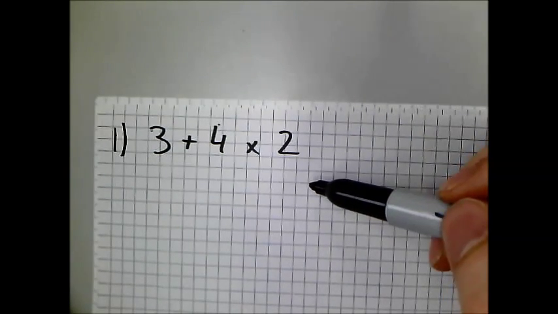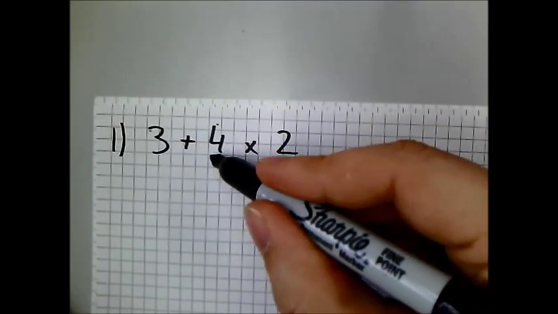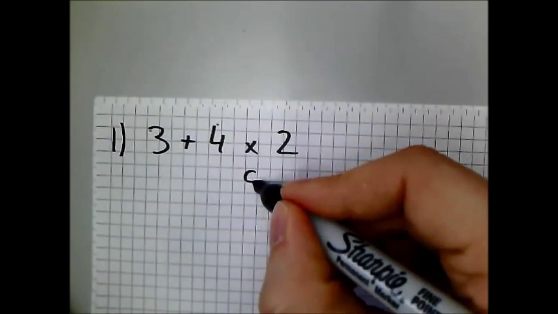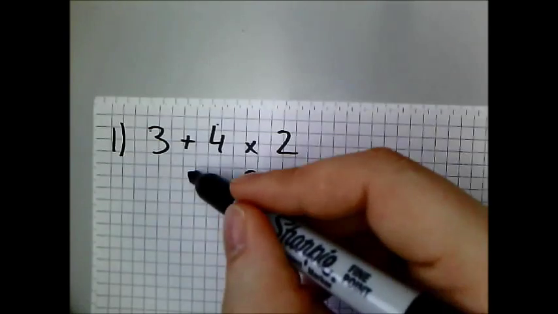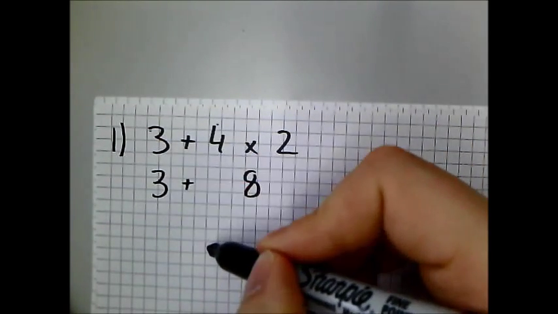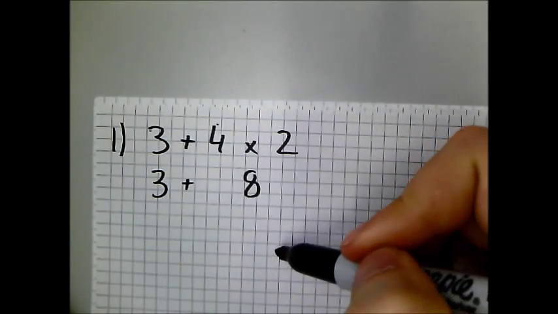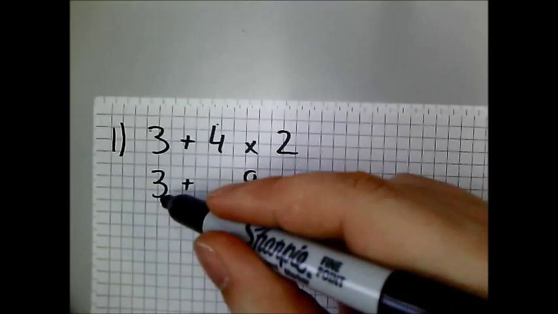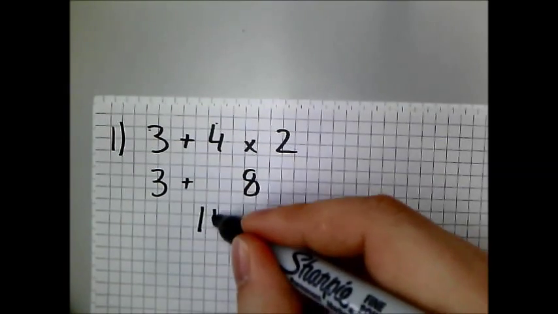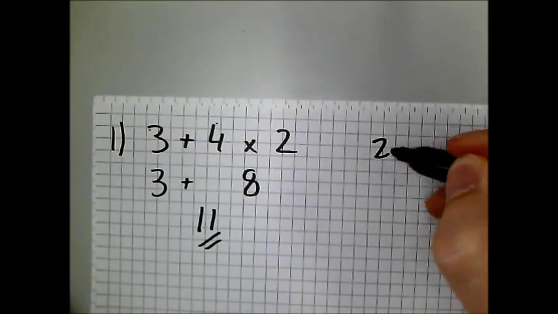I look for any division or multiplication, and I see I've got a multiplication sum, so I do this first. 4 times 2 becomes 8, and I bring down everything I haven't touched yet. So I bring down the 3, I bring down the plus. I don't touch the 4 because that combines with the multiplied by 2 to give 8. I now do 3 plus 8, which gives me 11. And that's the first question.